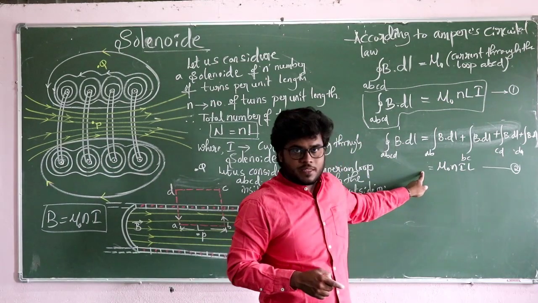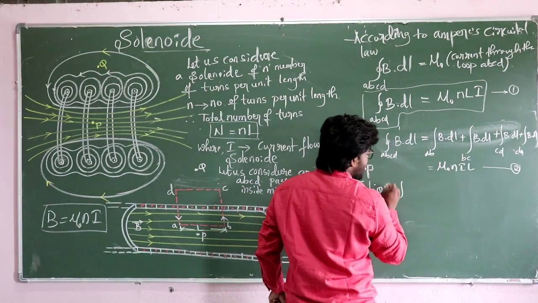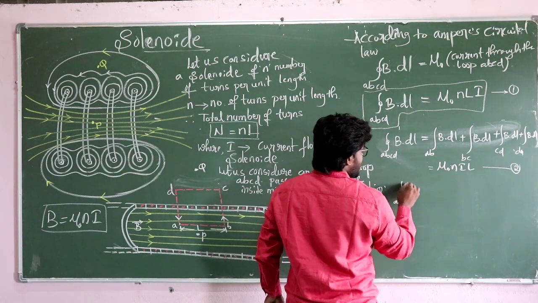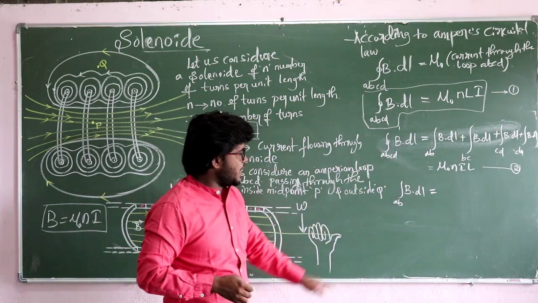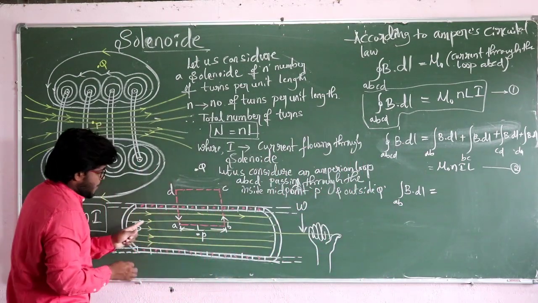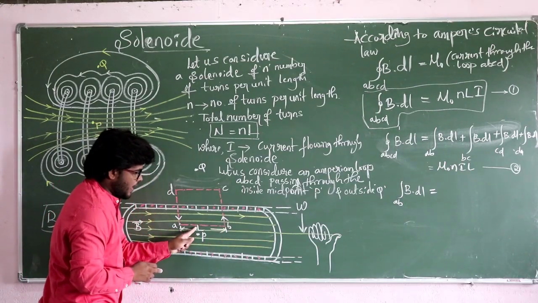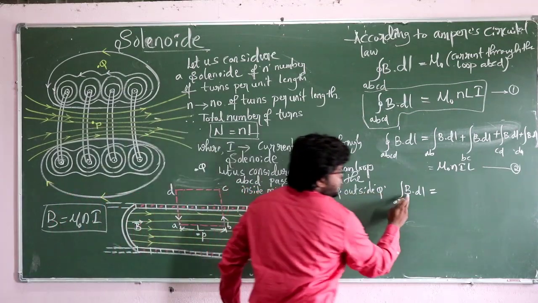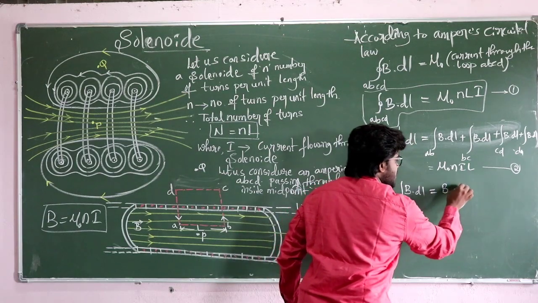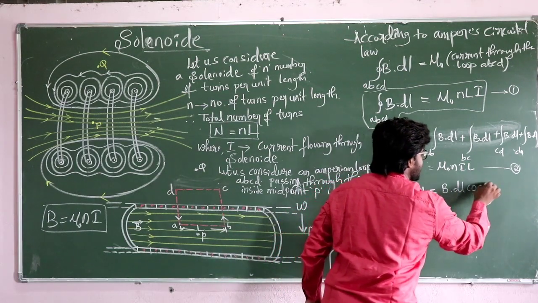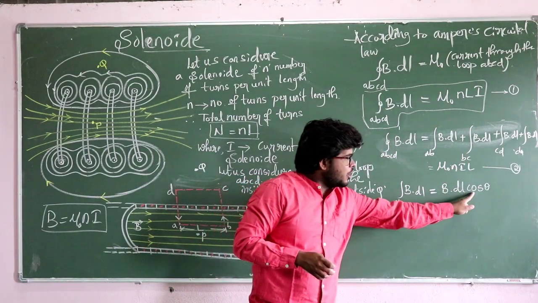Now let us go individually. The line integration of AB, B dot DL, is equal to B DL. The magnetic field is parallel to the length, so the integration of B dot DL is B into DL cos theta, since it is a dot product.